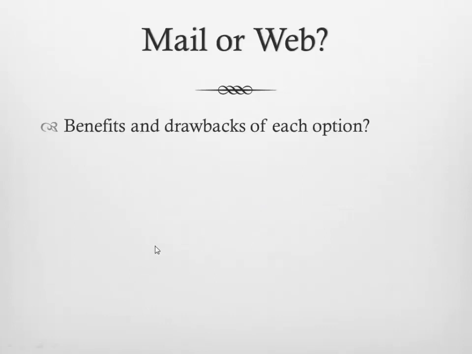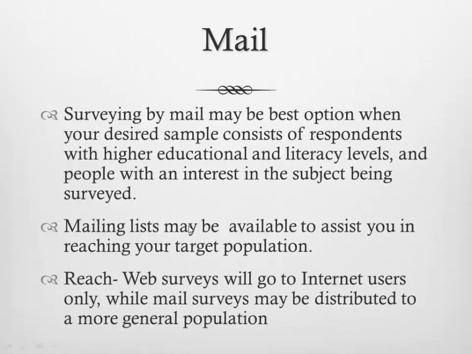All right, should you do a mail survey or an internet-based survey? Let's talk about the benefits and drawbacks of each option. Mail-based surveys may be the best option when your sample consists of respondents with higher educational and literacy levels, and they are people with a high interest in the subject of your research. Mailing lists may also be available to assist you in reaching your target population.